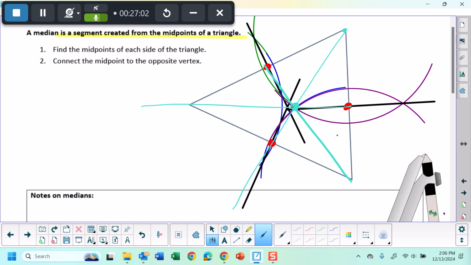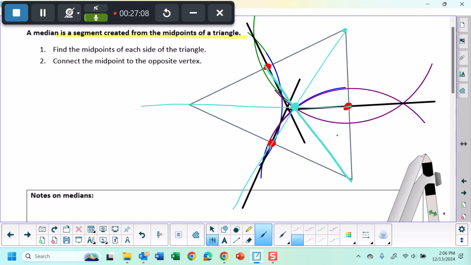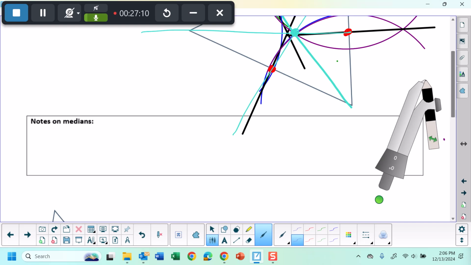All right, let's take some notes on medians. When I'm constructing a median, I need to find the midpoint of each triangle side.